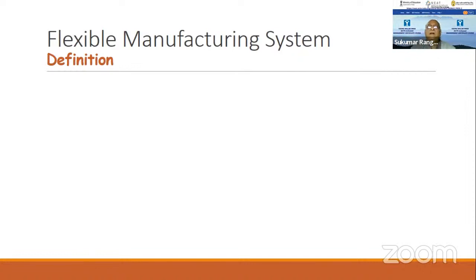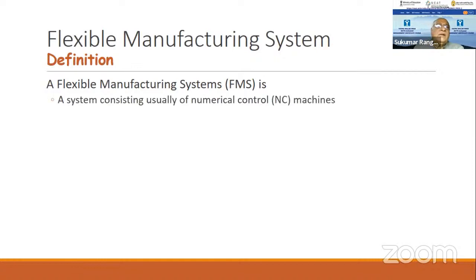This kind of flexible manufacturing system, or FMS, is predominantly used now in almost all kinds of production, and more in automobiles. It could be steel parts, aluminum parts, or a composite material, whatever they are.